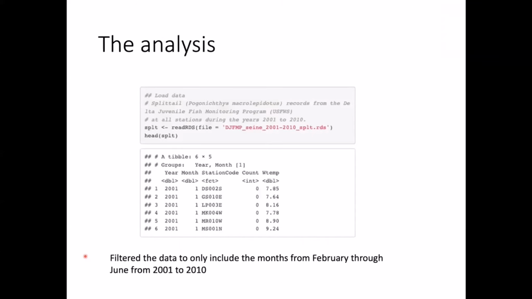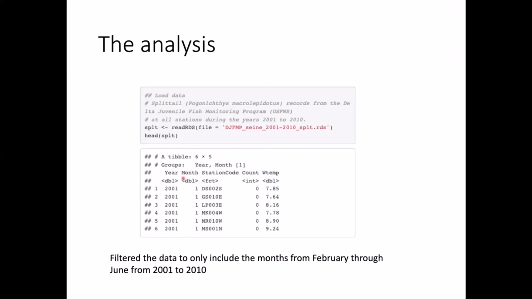So moving on now to the analysis. We've pulled together this data set and we filtered it down and did some data wrangling so that we're only dealing with data from 2001 to 2010 and only the catch of splittail at different stations in each month.